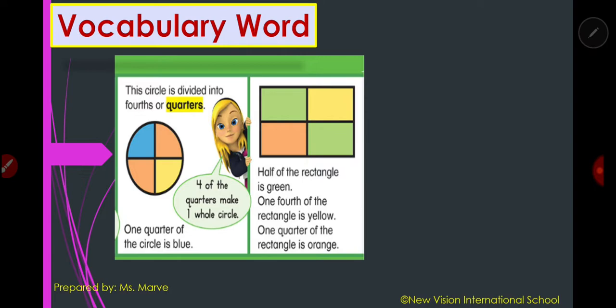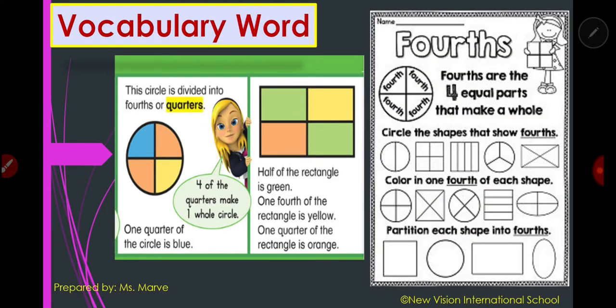Okay, let's move. Next vocabulary words. Everybody say fourths or quarters. Okay? So, when you say fourths or quarters, fourths are the four equal parts that make a whole.